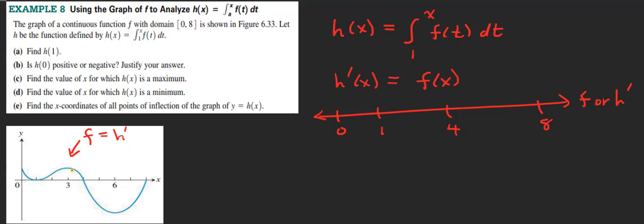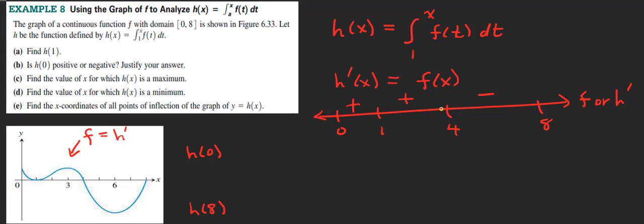Now, f or h prime is positive from 0 to 1. And f or h prime is also positive from 1 to 4. And from 4 to 8, f or h prime is negative because the graph is below the x-axis. Now, you know that the maximum could occur at the endpoints, so h of 0 and h of 8.